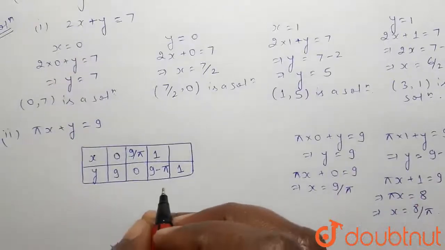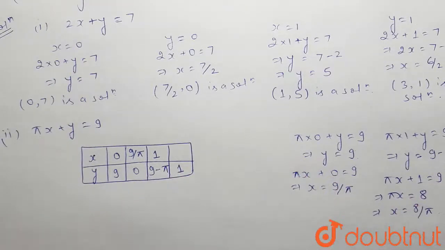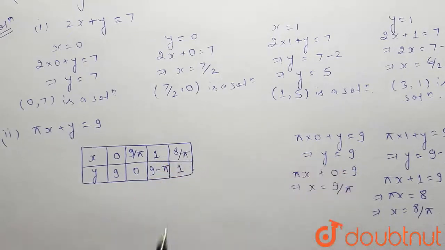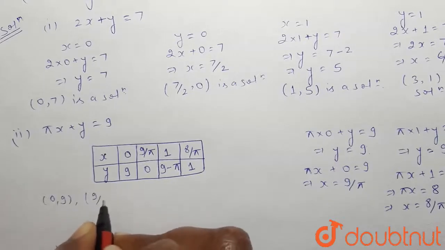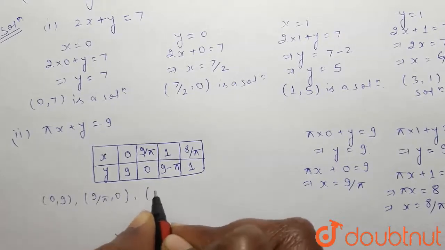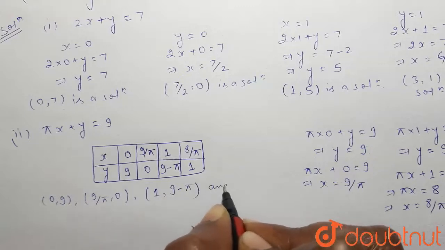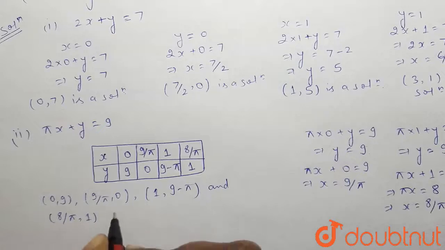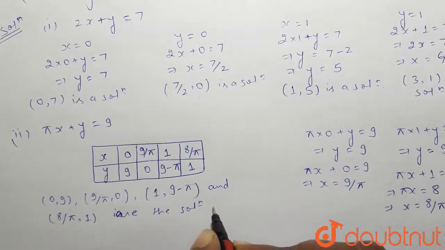So the value of x corresponding to y equals to 1 is 8 divided by pi. So 0 comma 9, 9 by pi comma 0, 1 comma 9 minus pi, and 8 divided by pi comma 1 are the solutions of the given equation.